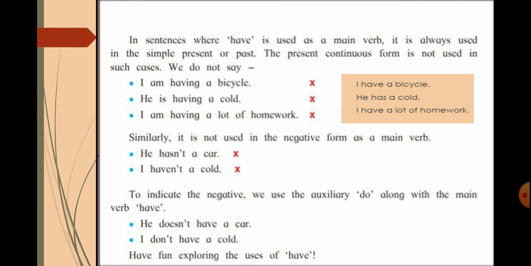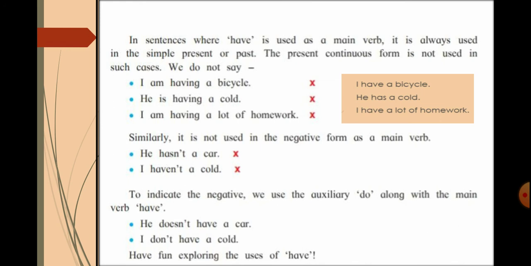We do not say he is having a cold; instead we say he has a cold. I am having a lot of homework. Instead of that, we use have: I have a lot of homework.